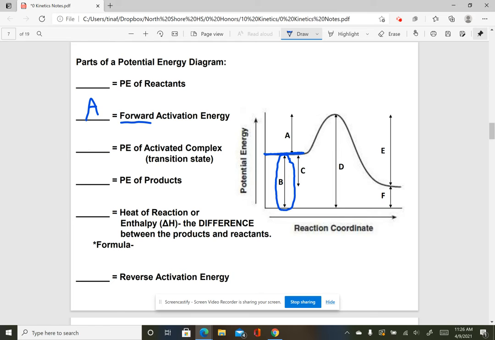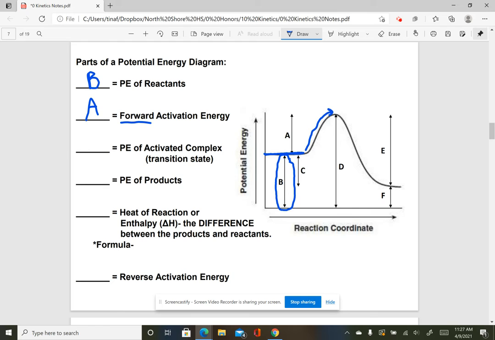So that's showing in total how much potential energy those reactants have. So that first part of your graph is always going to be the potential energy of the reactants, right? We talked about A already, which is us adding energy to the reaction to get it started. That's my activation energy, okay?